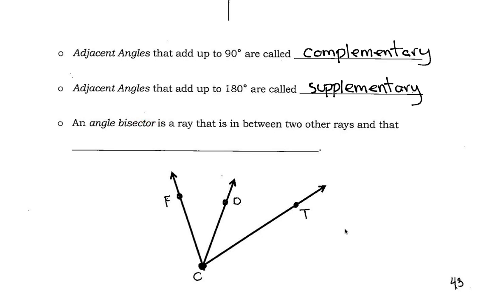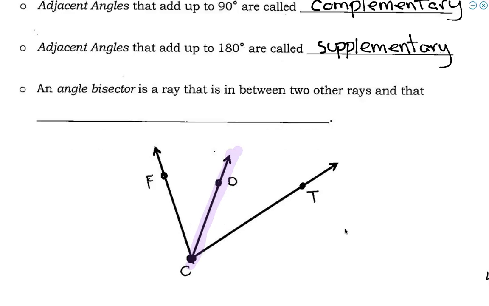An angle bisector is a ray that is in between two other rays. So let me identify it right here. So this would be an angle bisector. And what happens is it splits that angle FCT into two equal angles.